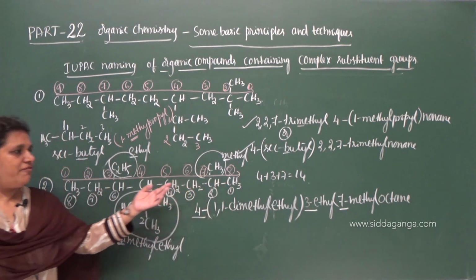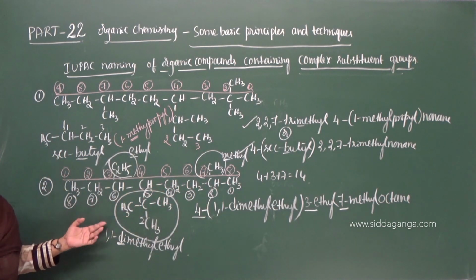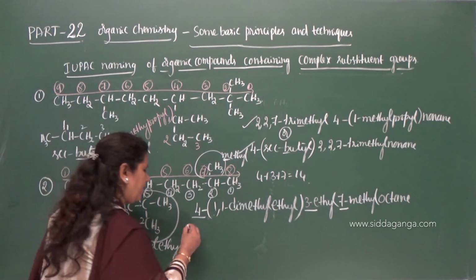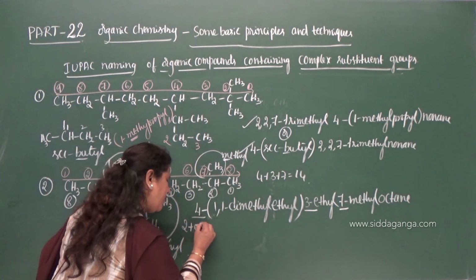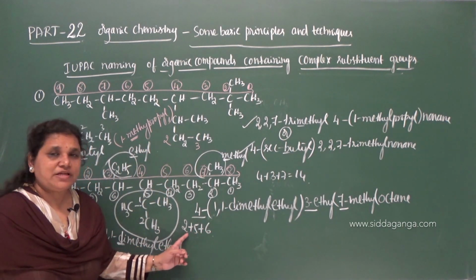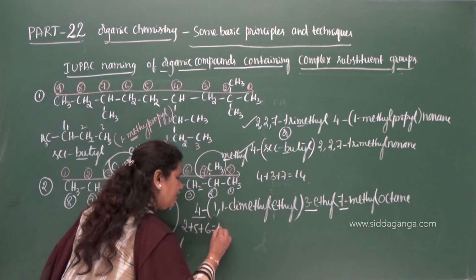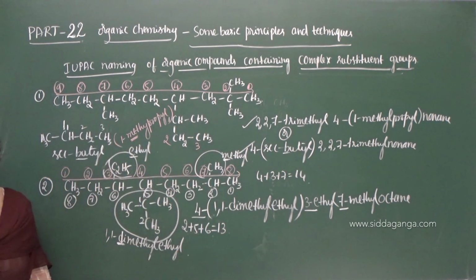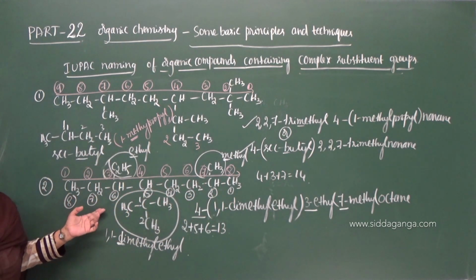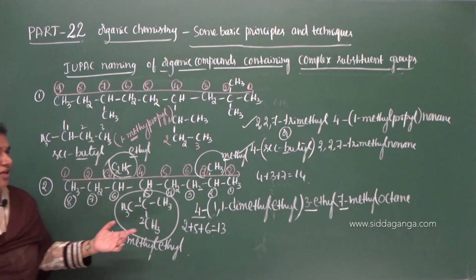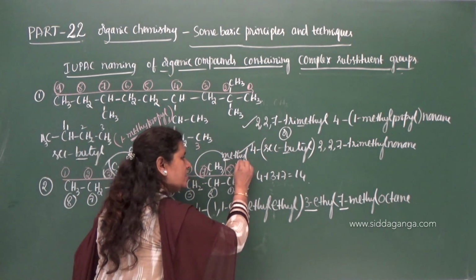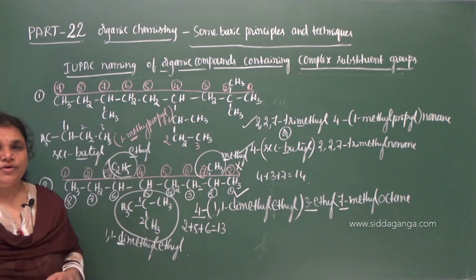Once you give the number from right to left, just to check the locants, you will get 2 plus 5 plus 6. Here 11 plus 2, and it will be 13. So according to the lowest sum rule, we need to number the parent chain from right to left. Therefore this numbering of the carbon chain is correct and this one is wrong. That you have to remember.